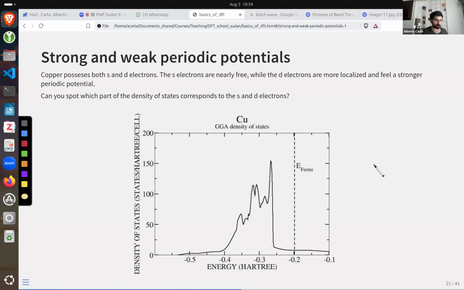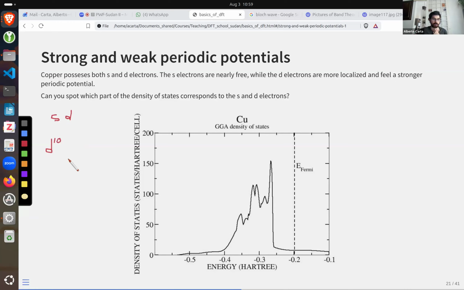Okay, so now I want to give you 2-3 minutes. The question is: you're looking now at copper. Copper is a material which has both S and D electrons.